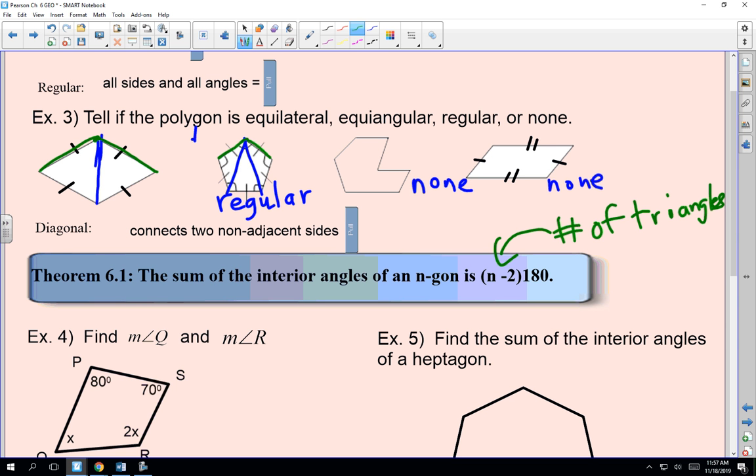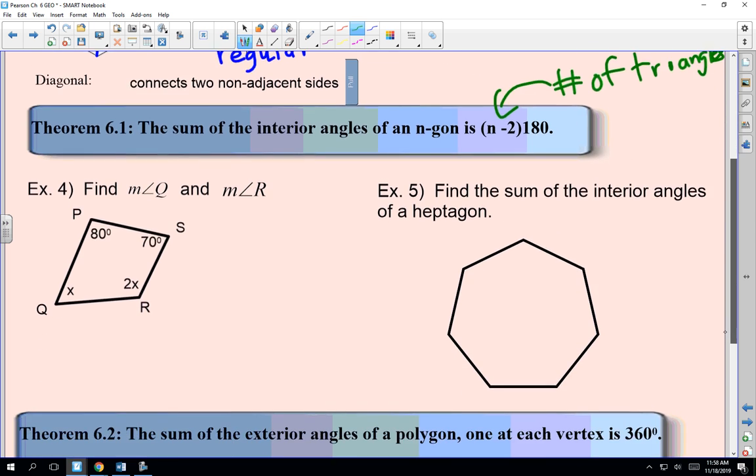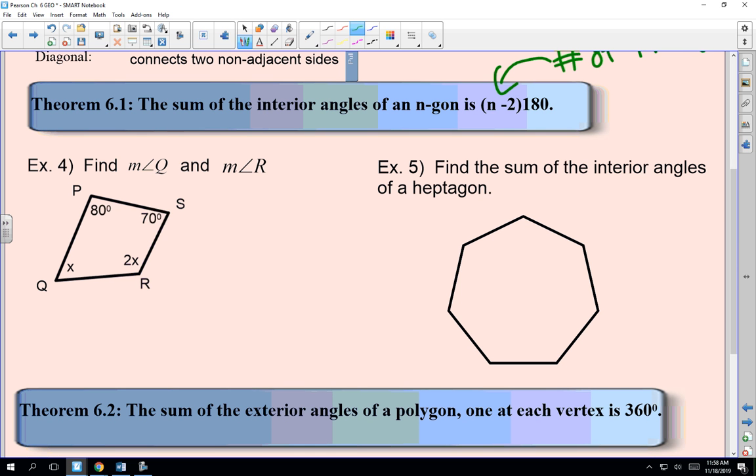It's always the number of triangles times 180, or n minus 2, where n represents the number of sides. And the reason we have n minus 2 is that there are 2 sides where, when you draw a line segment from the vertex, it does not create a triangle. It's not a diagonal.